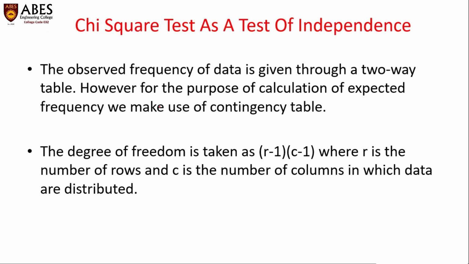As I told you, the observed frequency data is given to us in a two-way table. So it will have a certain number of rows and a certain number of columns. So if we consider R as the number of rows and C as the number of columns for data distribution, then R minus 1 into C minus 1 will give us degree of freedom.